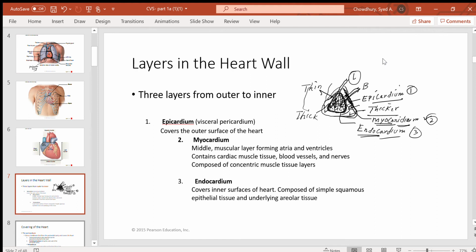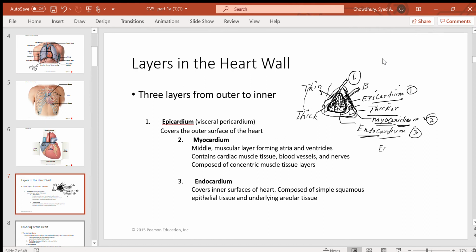if inflammation occurs in the endocardium, that is called endocarditis. Itis is the inflammation. You can just add itis to anything, for example meningitis, tonsillitis, right? Pharyngitis, pleuritis, nephritis, hepatitis, we use many. So itis is the inflammation of that organ or part of the body.